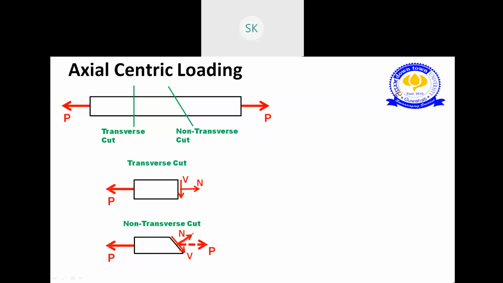So here normal stress is along this direction, and shear is in this direction. Why? Because this is the inclined plane. Normal is acting in this direction, and shear is acting in this direction.